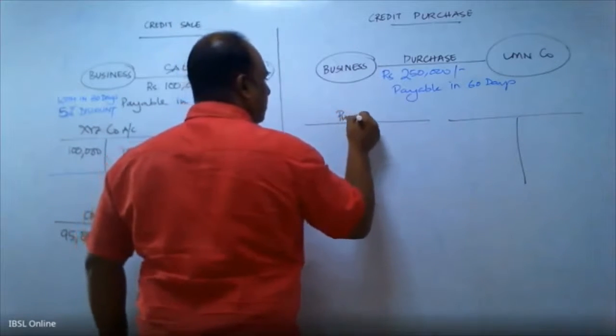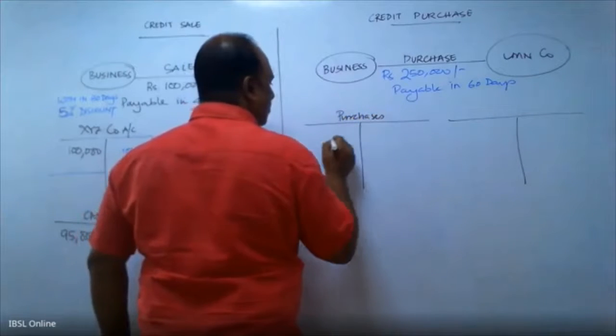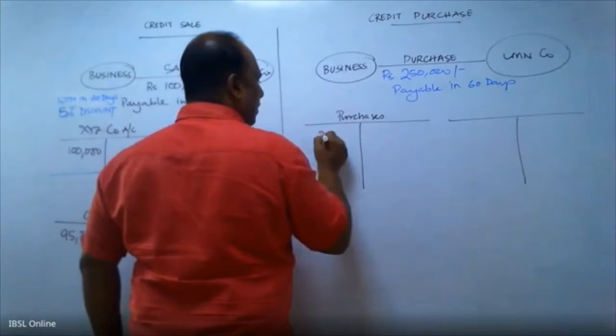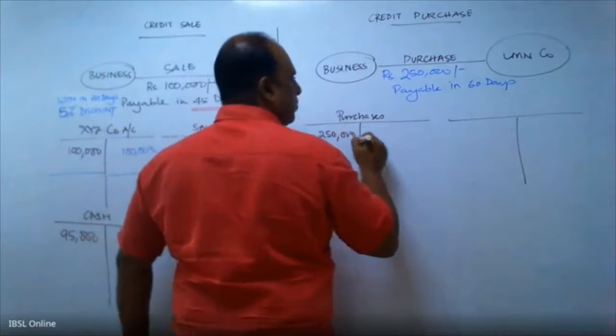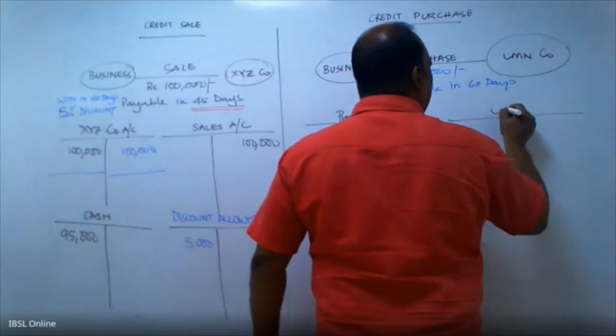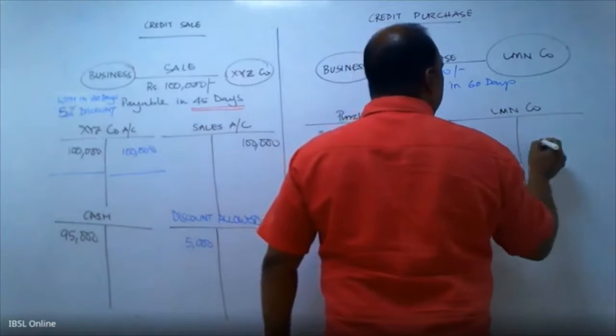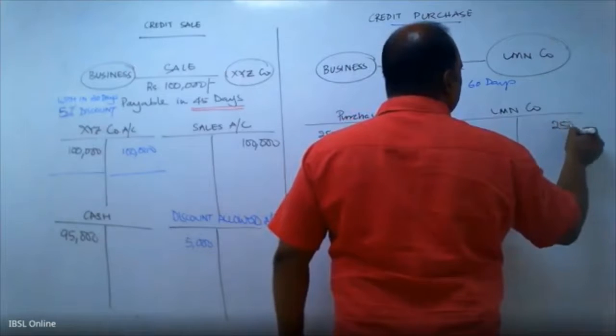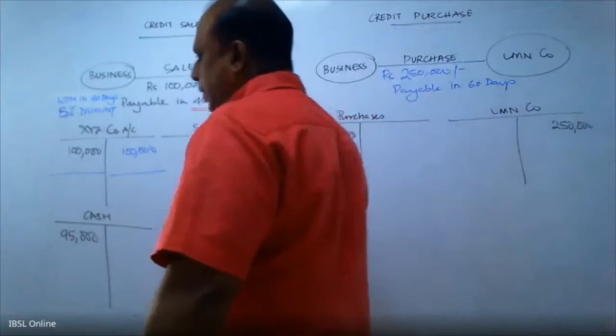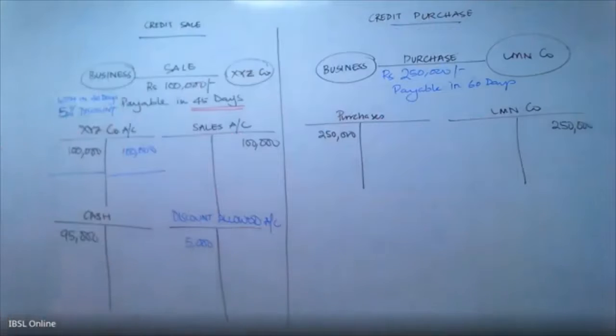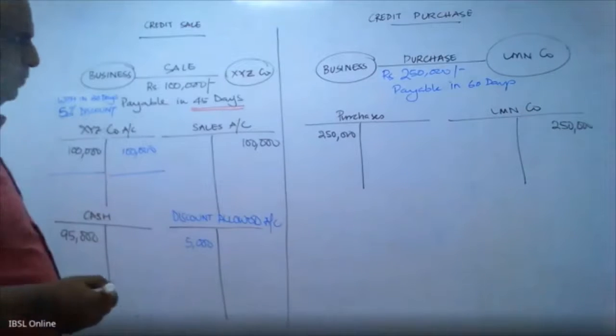Purchases 250 and Element company or the creditor 250. Okay. Now at the time of this credit purchase, he gives me an offer.